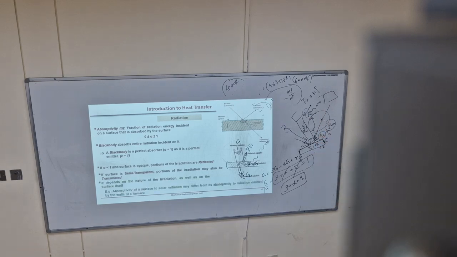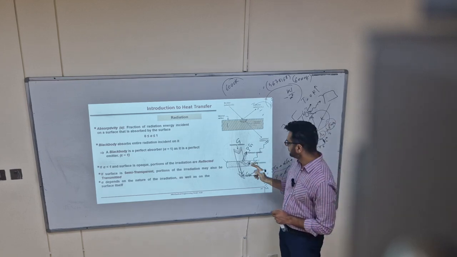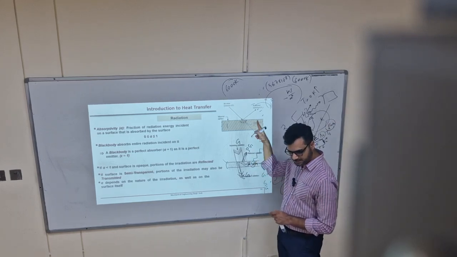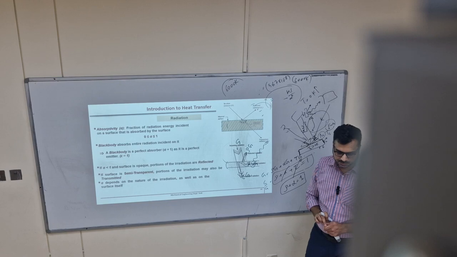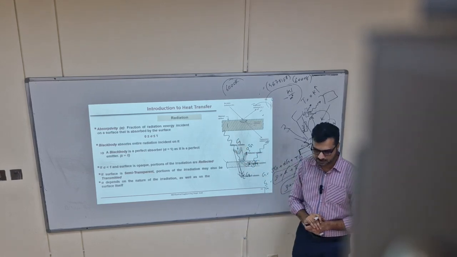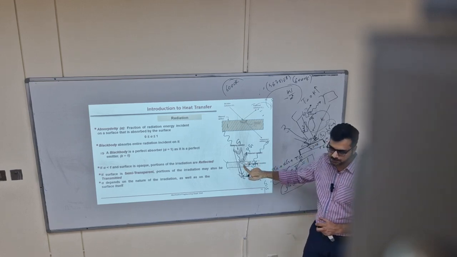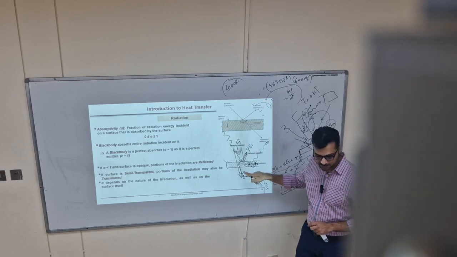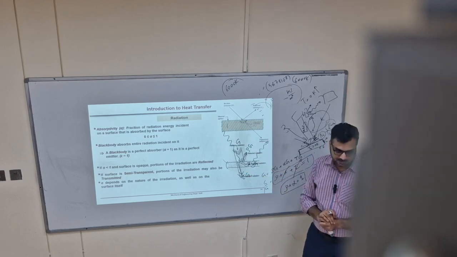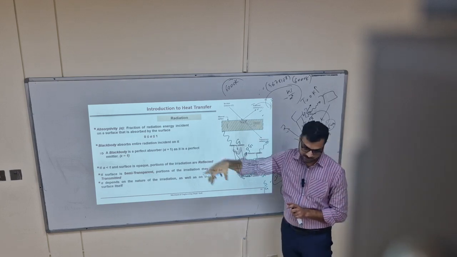Let's move on. Now this absorptance, if we go further into more detail about radiation, the absorptance of a material which we saw in that table also depends upon the type of radiation falling on a surface. For example, a body can absorb 90% of solar radiation, but it may not be absorbing 90% of any other type of radiation.